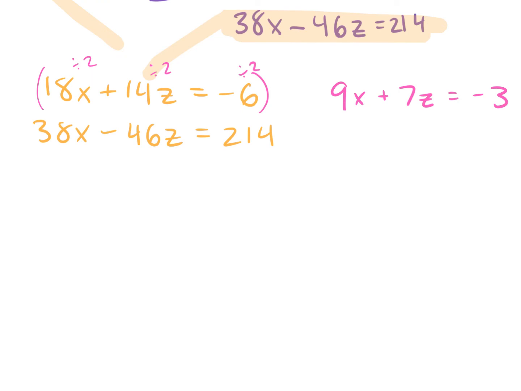And then we can divide the other equation also. It's divisible by 2. So this would be 19x minus 23z is equal to 107.